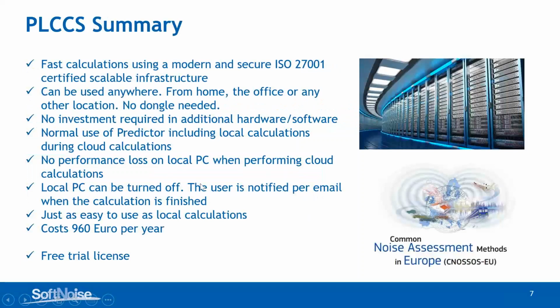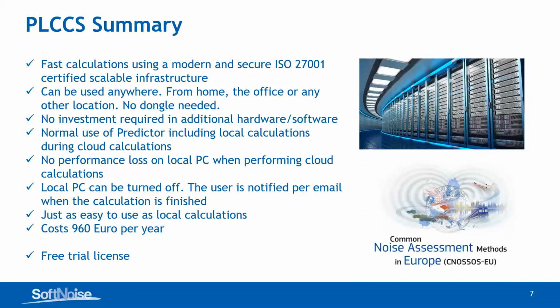Okay, then a summary. The cloud calculation service gives you fast calculations using a secure data center. You can use it anywhere, from home, the office, or any other location. You do not need a dongle, and that's of course very convenient. You do not need to invest in additional hardware or software. If you want to increase your calculation speed, you simply take a 1-month Pro license.